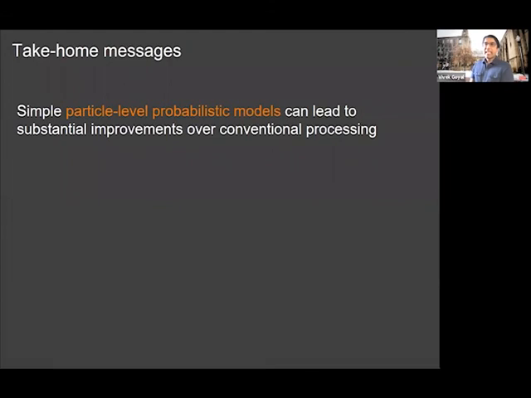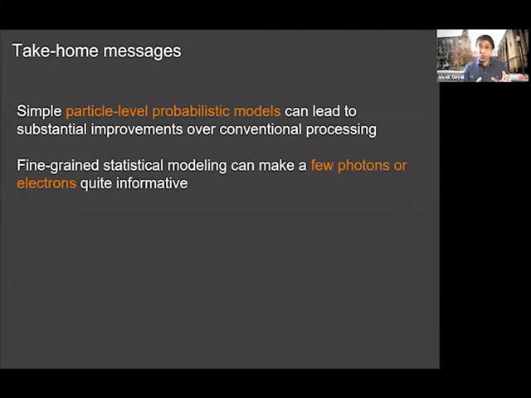So in this talk, I've shown that simple particle level probabilistic models can lead to substantial improvements over conventional processing. So part of this story is that fine-grained statistical modeling can make few photons or few electrons quite informative.